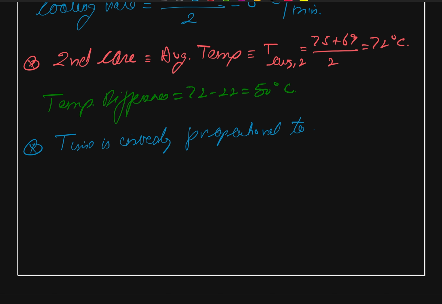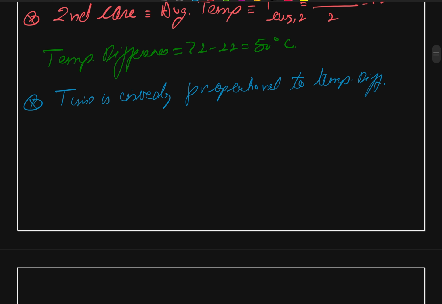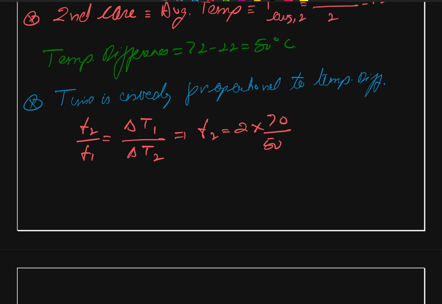It means the time for second case over time of first case will be equal to temperature difference of first case over temperature difference of second case. Therefore, our T2 will be 2 into 70 upon 50, which gives us 2.8 minutes.